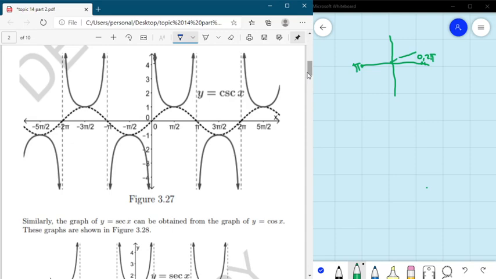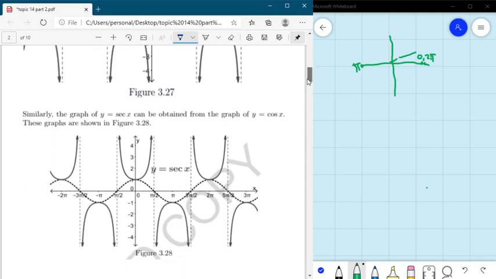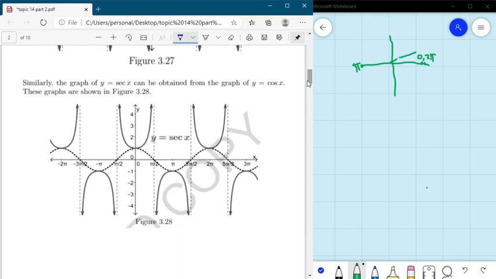Similarly, the graph of y equals secant x can be obtained from the graph of y equals cosine x. So, this will be the graphs.